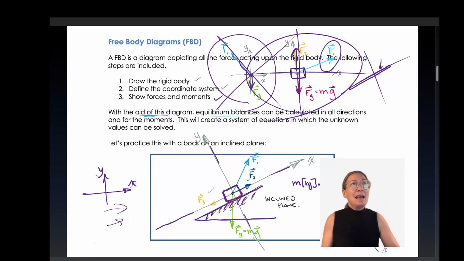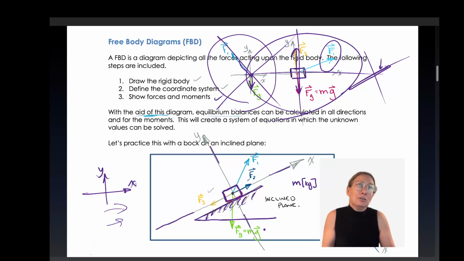Because it has a mass m, it does have gravity acting upon it. Therefore, the force due to gravity acting upon it is equal to the mass in kilograms times 9.81 meters per second squared, which is acceleration due to gravity.